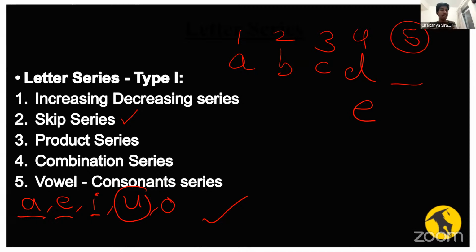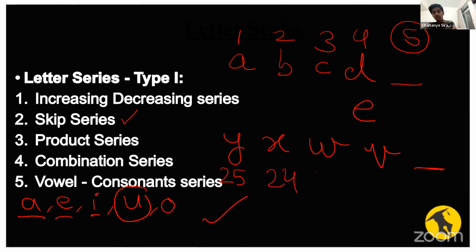Suppose I had something such as Y, X, W, and they are asking me for the next term. It's simple. It's a decreasing order from 25, 24, 23, so 22 is your V. So this is your increasing and decreasing series.